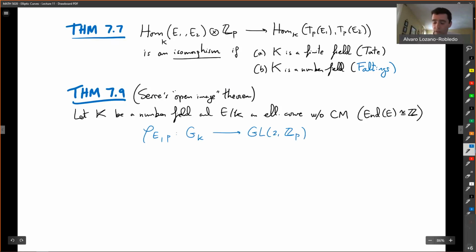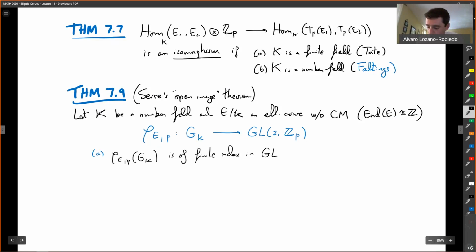So it turns out that ρ_{E,p}(G_K), the image of that representation, is of finite index in GL2, so quite large. If it's finite index, it's pretty big in GL2(Z_p). So it is of finite index in GL2(Z_p) for all primes.